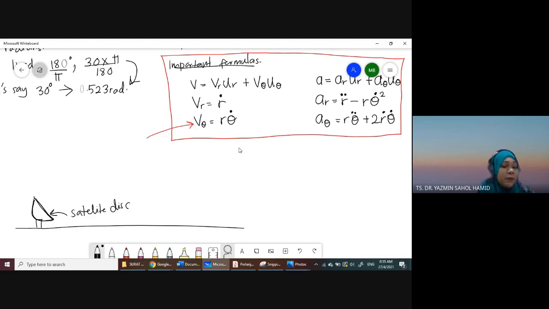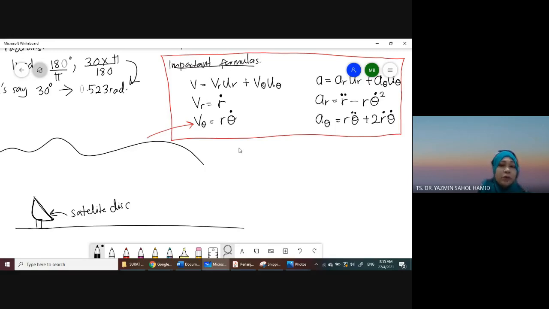So the purpose of this satellite dish is to track a moving object in the air. Let's say we have a moving object in the air. This satellite dish is going to detect the moving object. It can detect the distance, the velocity, and all the other parameters that we want to find.